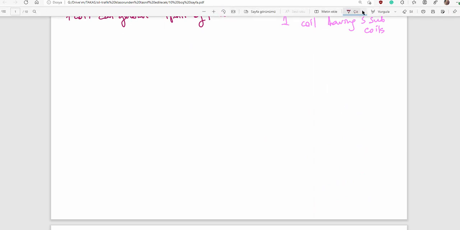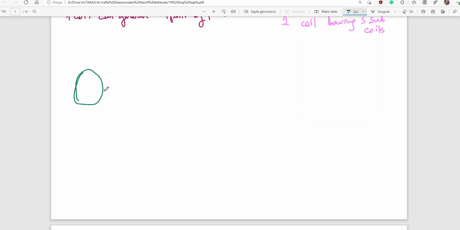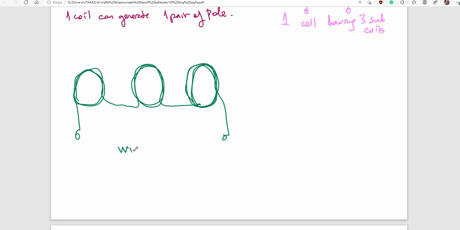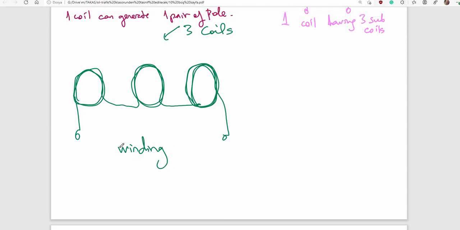What about winding? Some coils will be connected to each other to construct a large circuitry called a winding. 3 coils construct a winding. 4 coils, multiple coils. Winding means there are lots of coils.